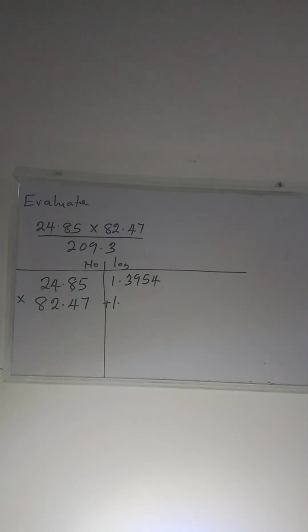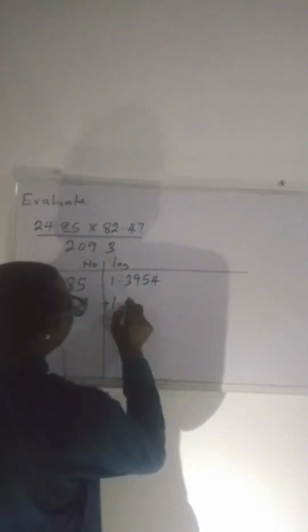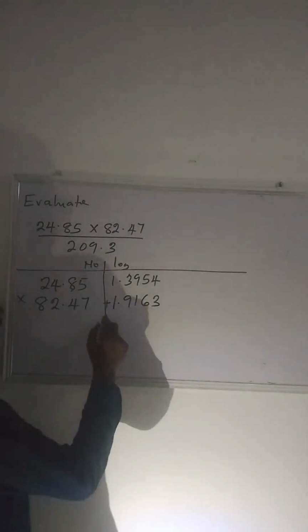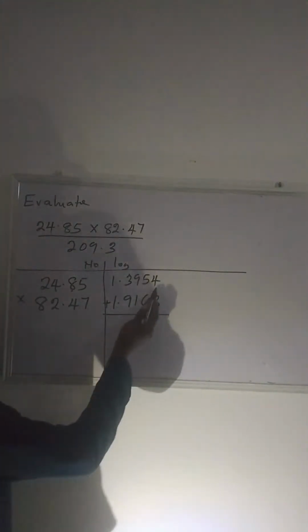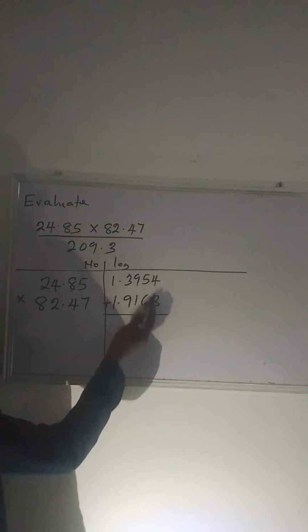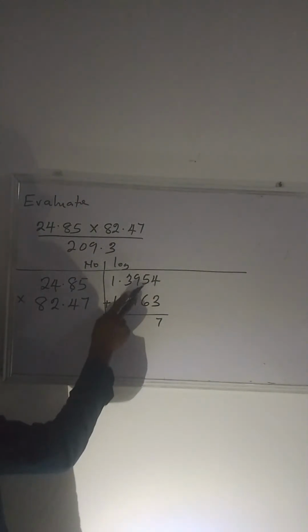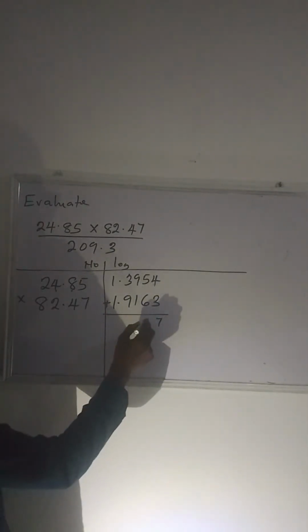Now this 3954 is the answer to the previous one. And 9163 is the correct one here. So we had what we have here. Now let's add: 7 plus 4 plus 3, that's 7. 5 plus 6, that is 11.